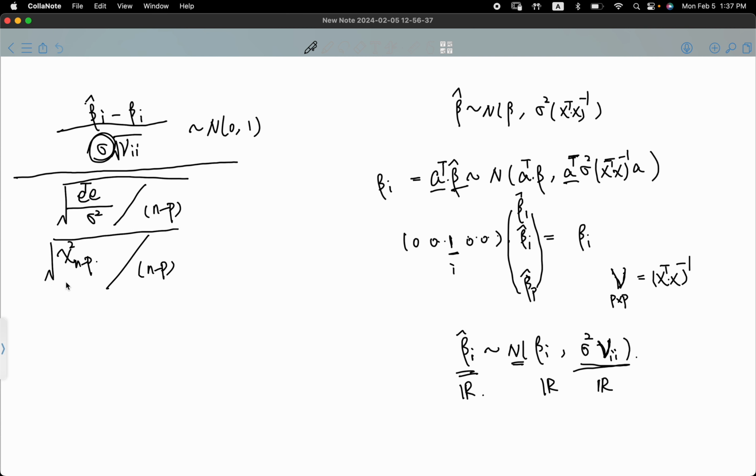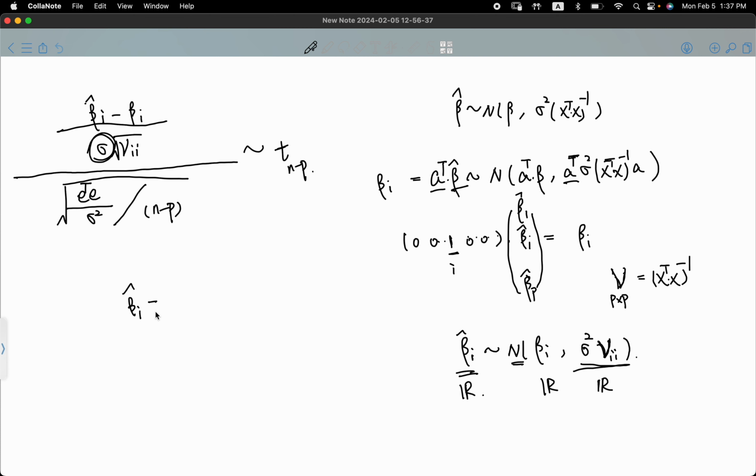And this fraction altogether is the definition for the t-distribution. So if you are able to construct a random variable with this form, this is a t-distribution with degrees of freedom n minus p.